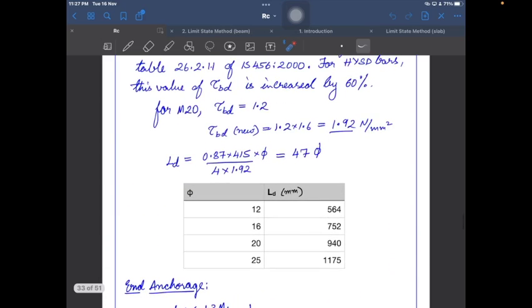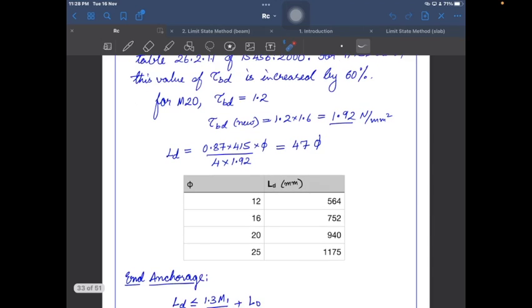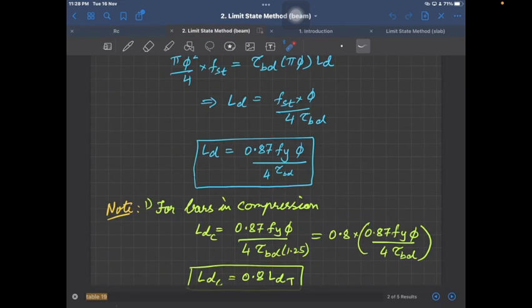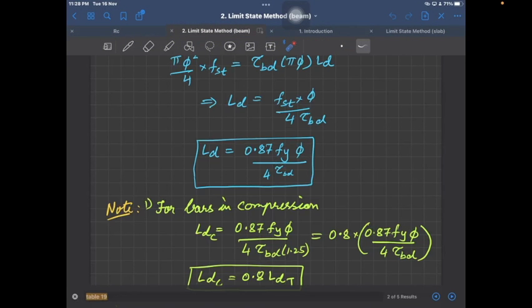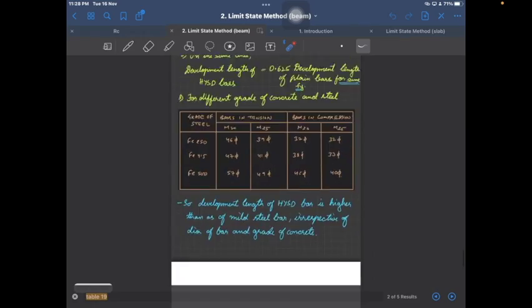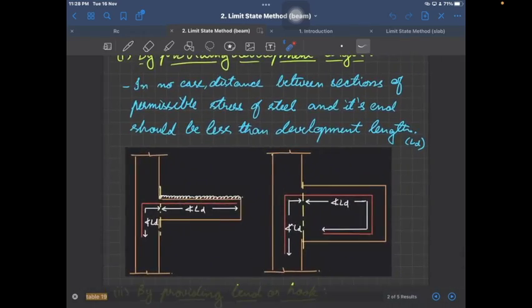This is for main reinforcement. And there is one more thing for development length. It is here, this thing.